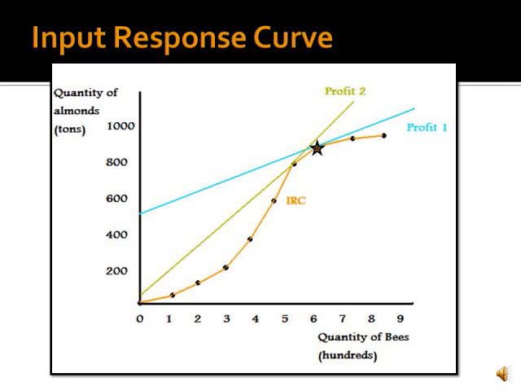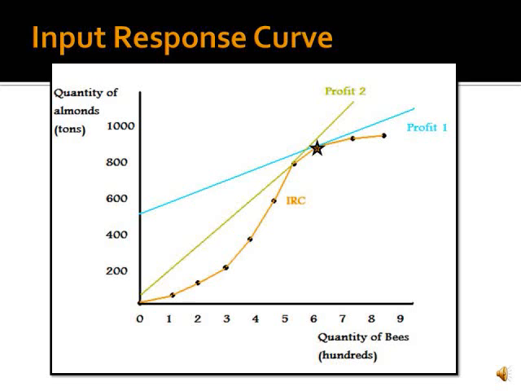This is where the blue profit line, profit 1, which represents the initial profits before colony collapse disorder, touches the input-response curve. As the price of honeybees increased, the curve rotated to the steeper slope of the green profit line. At the green level of profit, the number of bees purchased decreased, which lowered the number of plants that could be pollinated and resulted in the decreased quantity of almonds produced.